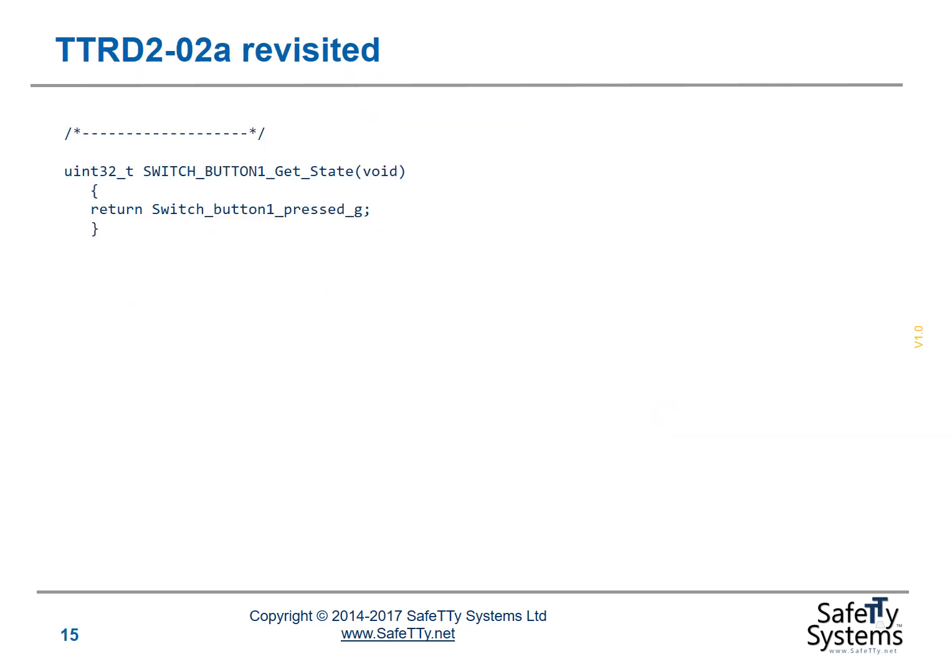So let's look at how this translates into a slightly more practical example. In video 2, we looked at a simple design in which we had a processor with a flashing LED and a push button input. When we pressed the push button, we stopped flashing the LED. When we released the push button, the LED started flashing again.